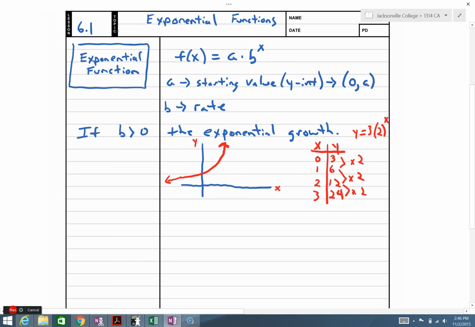Now, this number over here should have been 1: if b is greater than 1. All right.